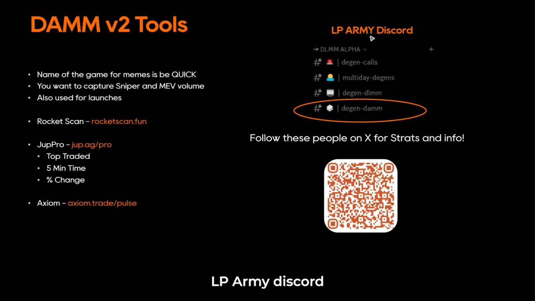One, in our LP Army Discord, there is the DGen DAMM chat. So you can go there and guys are talking about tokens. It's like, hey, this pool, it's running, it's doing really good. The thing about if you're doing memes on the DAMM v2, you've got to be quick, because a lot of times what you're getting is the sniper and the MEV volume off of that.